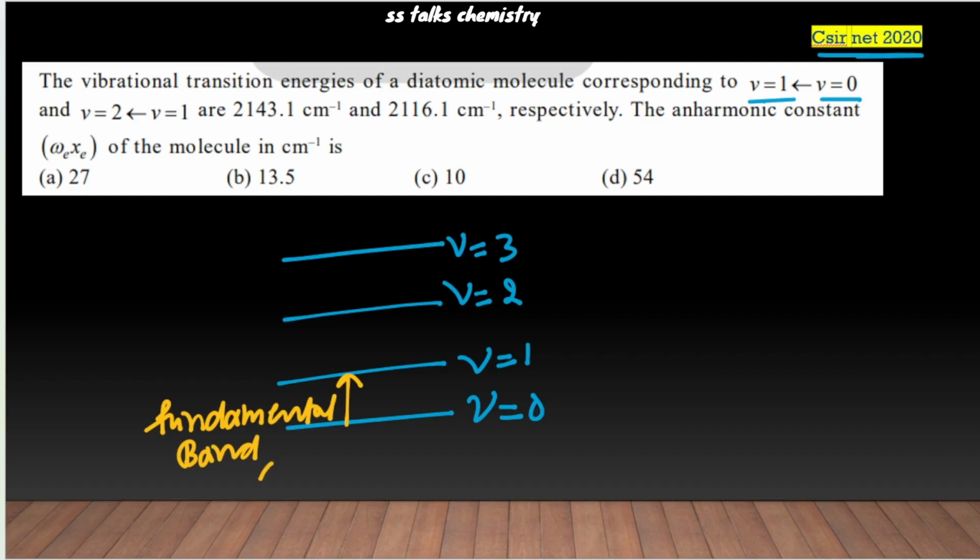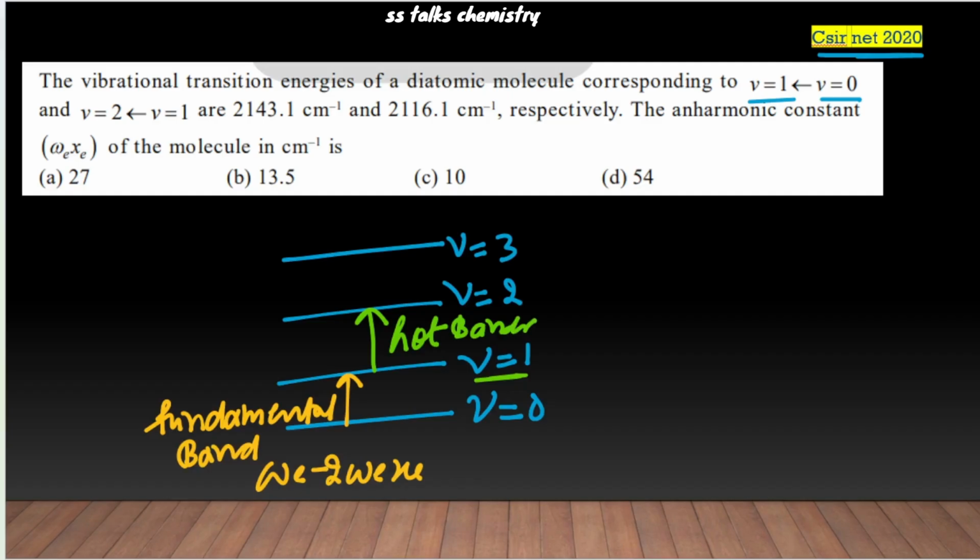Its value is omega e minus 2 omega e xe. This is what we get, right? Now the next transition is from 1 to 2. When the excitation to higher energy levels takes place from the excited states only, these are called the hot bands.